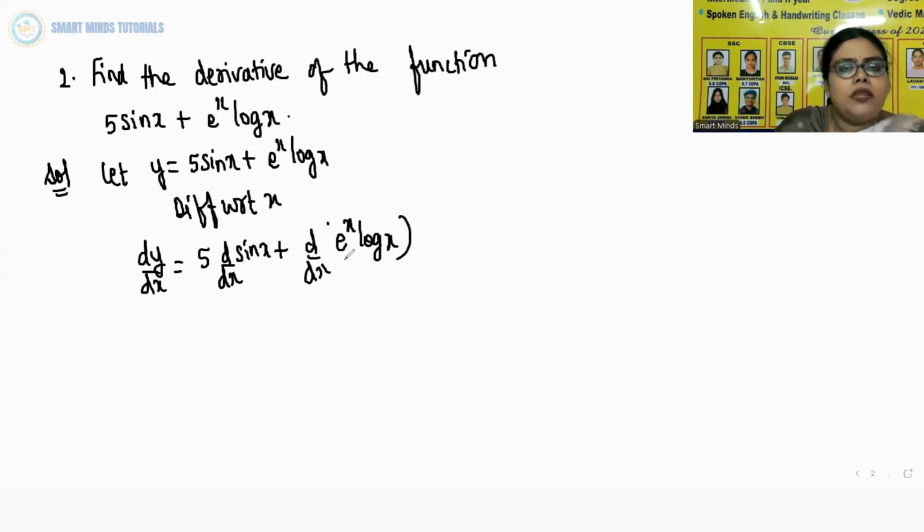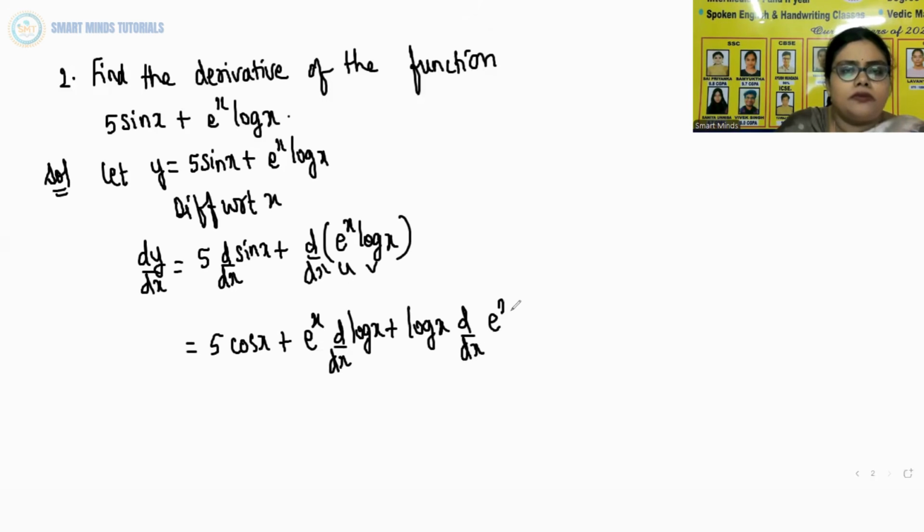Now you can see e^x log x is a product of two functions, so we apply the uv rule. So that is 5 times the derivative of sin x, which is cos x, plus for the second part we apply the uv rule. Write the first function as it is, differentiate the second function, plus write the second function as it is, differentiate the first function.